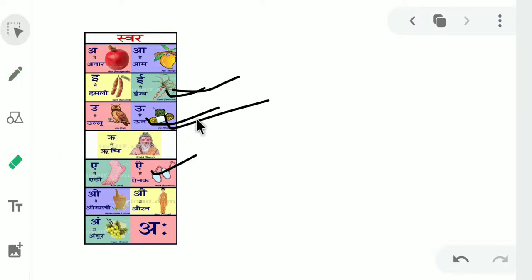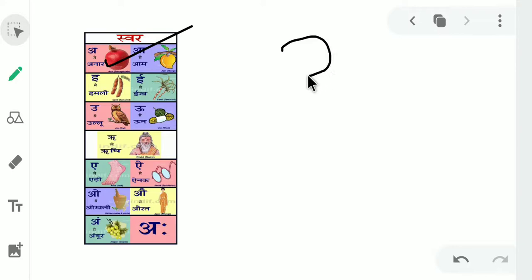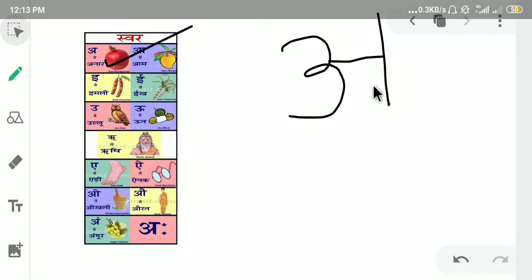Now I'm going to say how we can write these letters. In this lecture I'm going to show how to write these words. Suppose that you have to write A, then you can write like this, firstly this and then this.